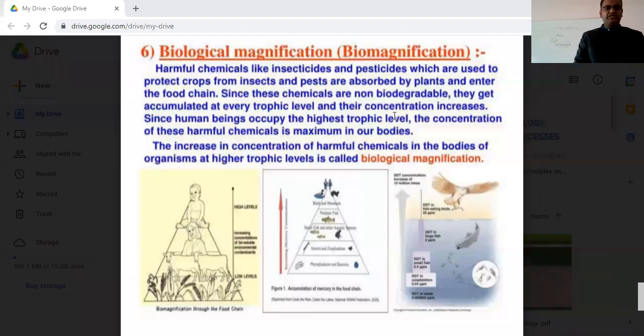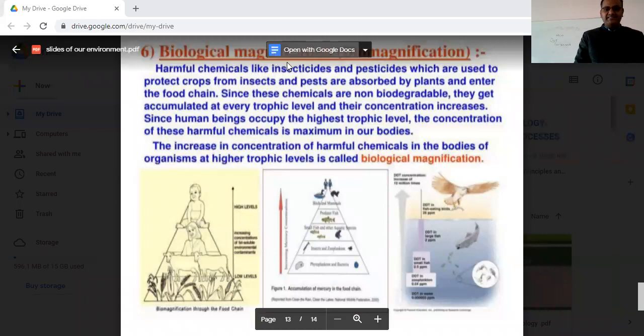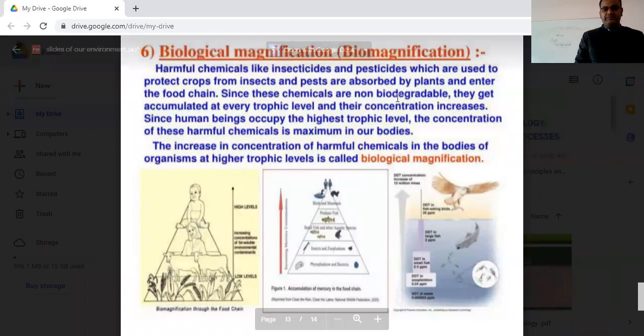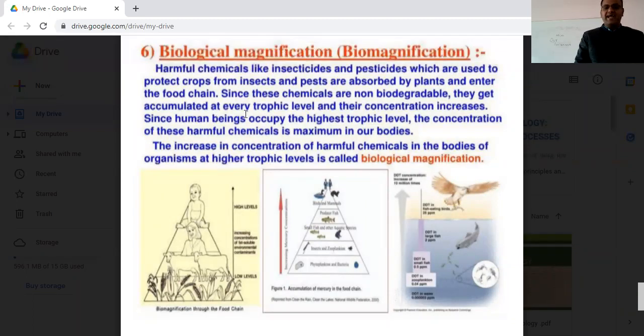In the food chain, harmful chemicals like insecticides and pesticides, which are used to protect crops from insects and pests, are absorbed by plants and enter the food chain. Since these chemicals are non-biodegradable, they get accumulated at every trophic level and their concentration increases. Since human beings occupy the highest trophic level, the concentration of these harmful chemicals is maximum in our body.